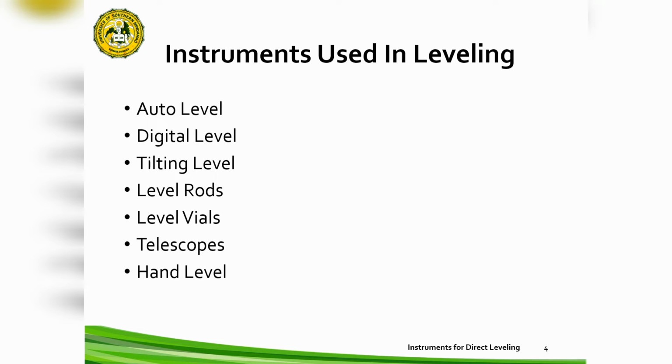Okay, so auto level, digital level, tilting level, level rods, level vials, telescopes, and hand level are the instruments used in leveling. Let's tackle first the auto level.